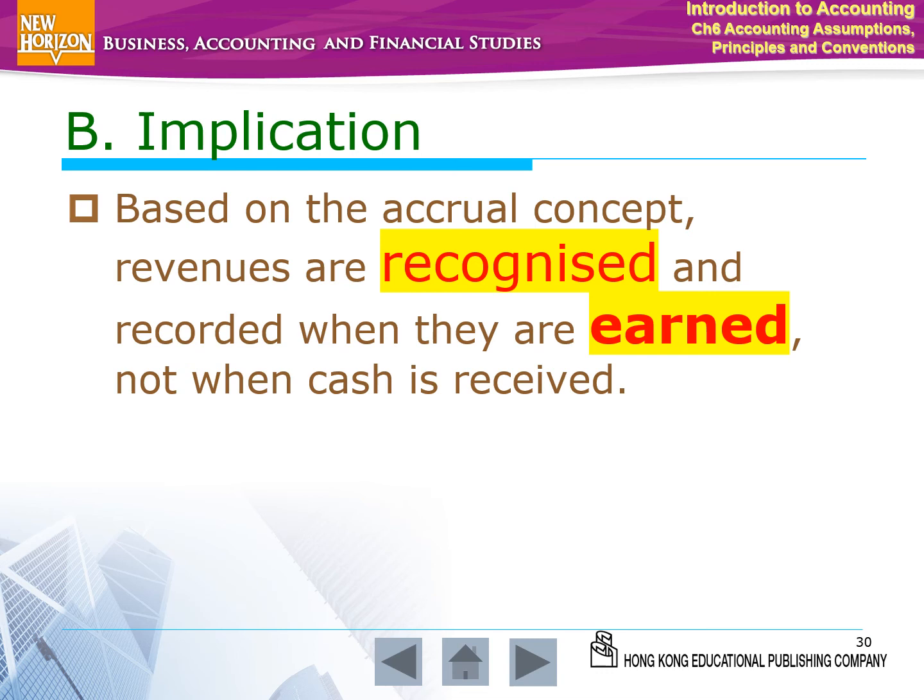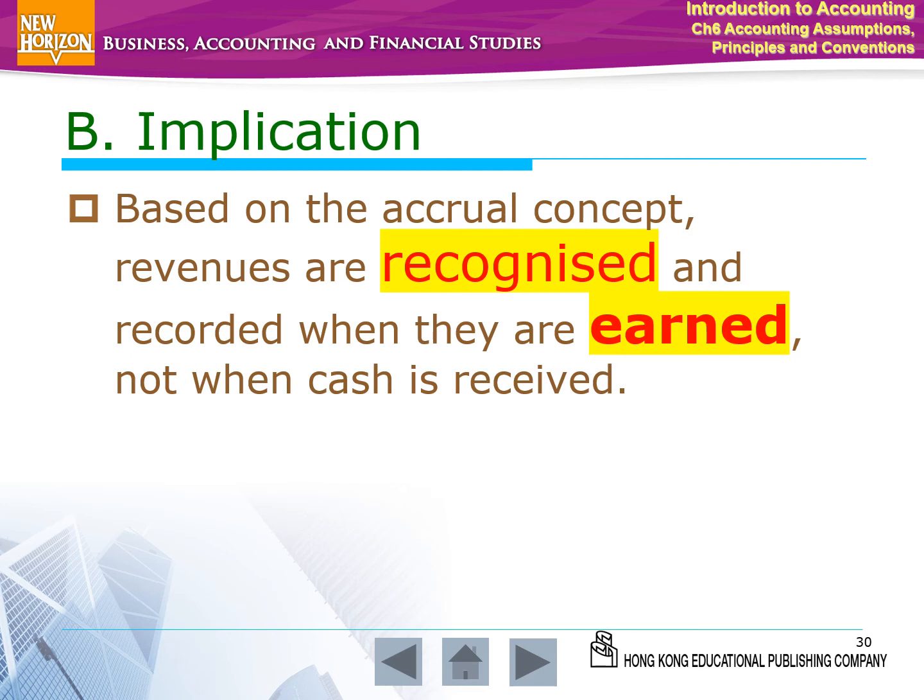We stress these words, recognized and earned, not when cash is received. Just like your mom has paid cash for you monthly, $1,000, but has only paid you 11 months. That means $11,000.